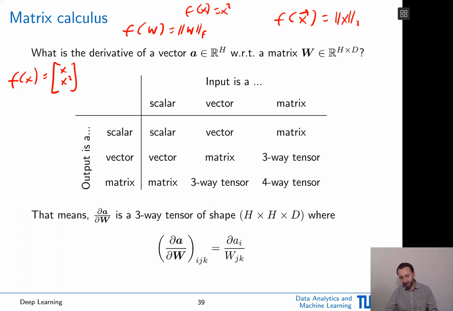So similarly, if you now have a vector in and a vector out, right? So for example, this here, let's make a simple example. Now you have a vector in and a vector out. What do you want to know? You want to know how changing the first component here affects the fifth component here in the output?